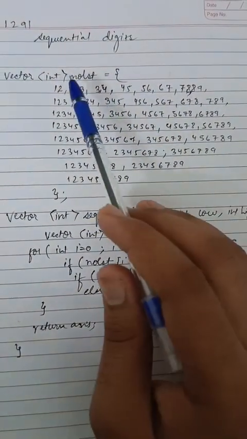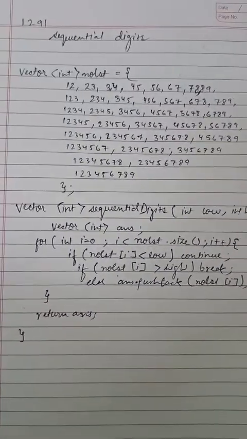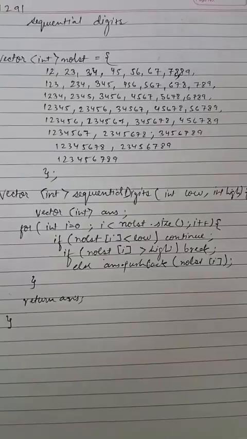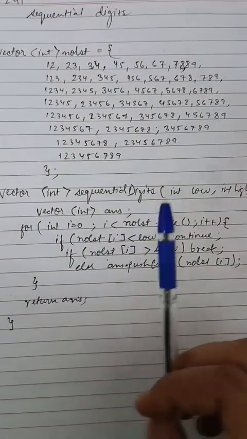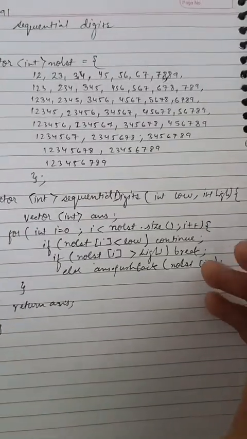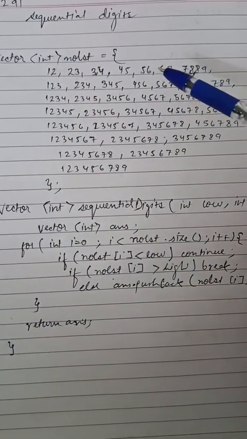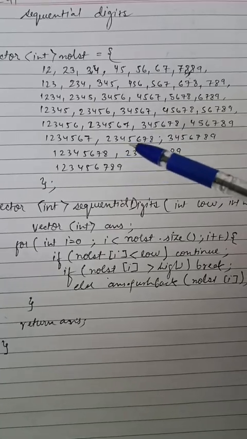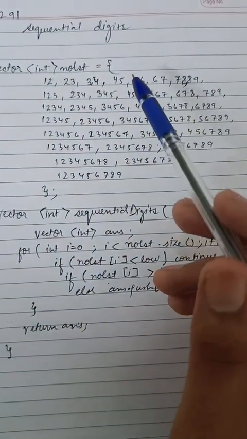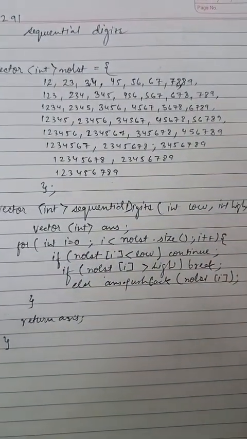As you already know the constraints, low must be 10 or greater, and high is up to 10 to the power 9. So this is the list of all possible values which can come. I have noted down all the possible numbers from 10 to 10 to the power 9.